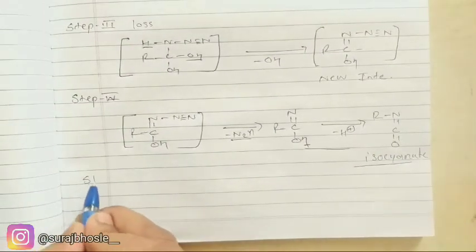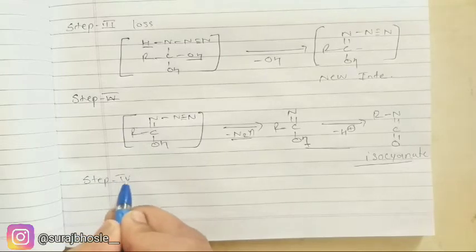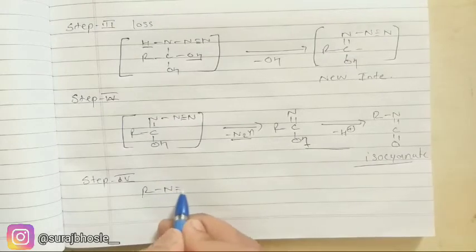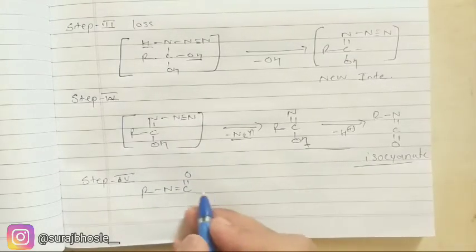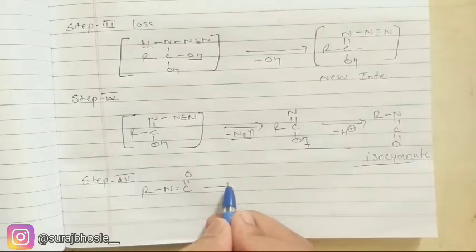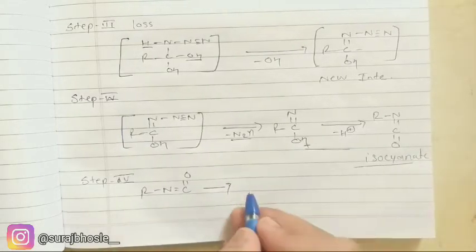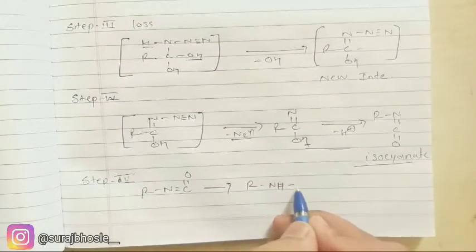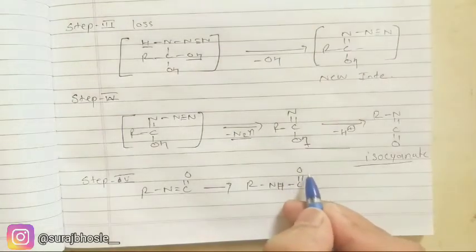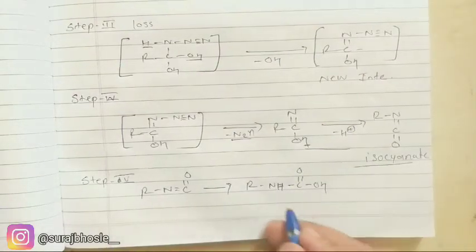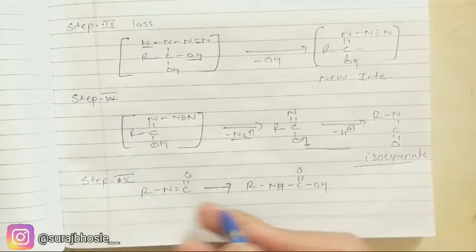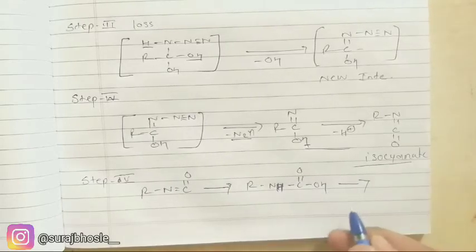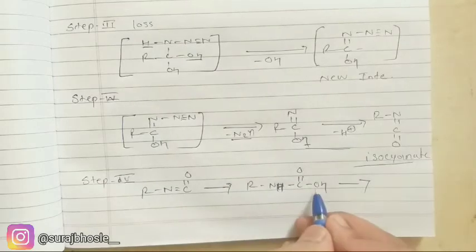Now in step 5, our isocyanate, R N double bond C double bond O, undergoes a hydrolysis reaction, which leads to the formation of RNH C double bond O OH. After the hydrolysis we get this molecule, RNHCOOH. Now decarboxylation is taking place immediately from this molecule.